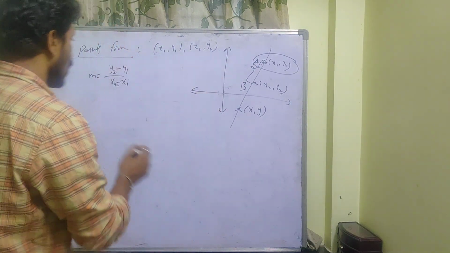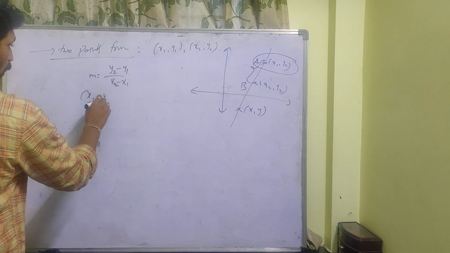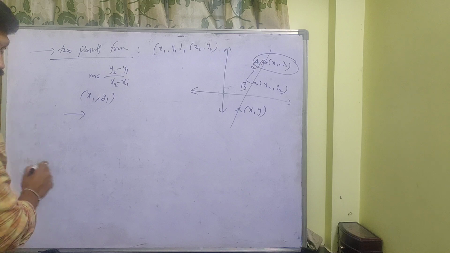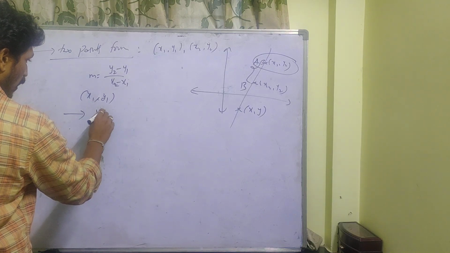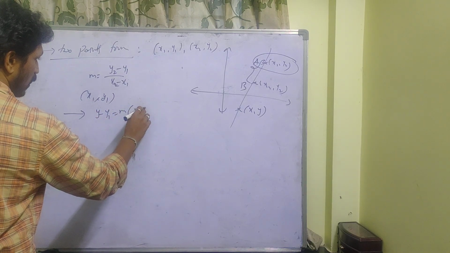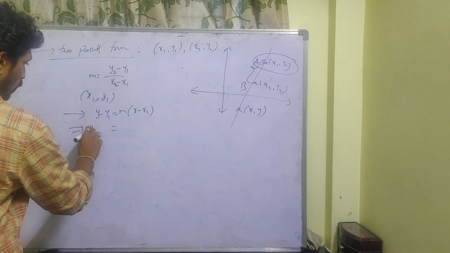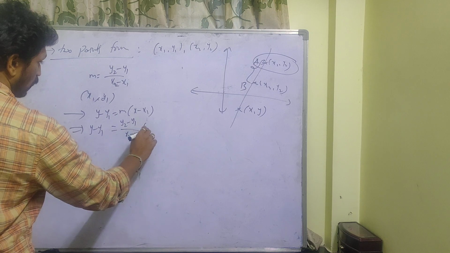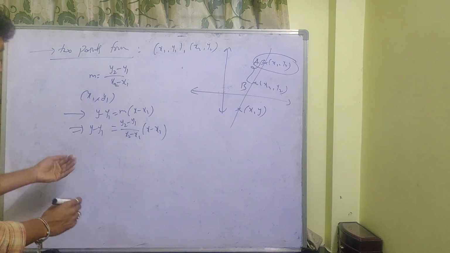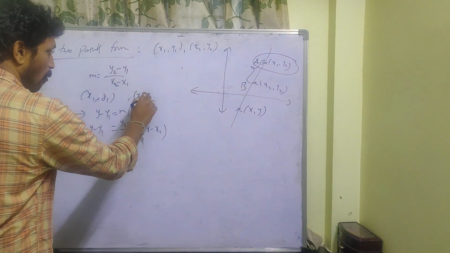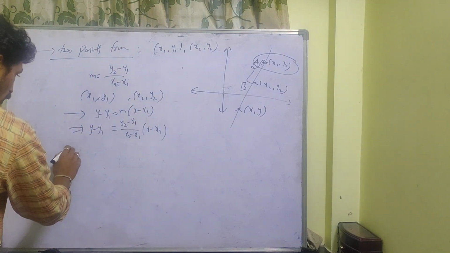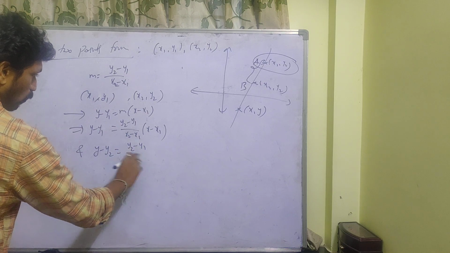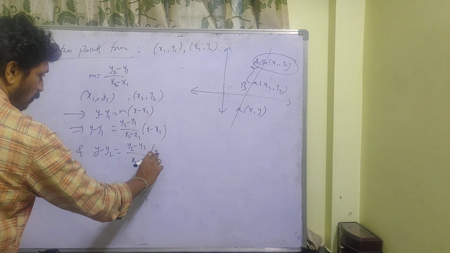If you take x1 comma y1 as our known point, then the equation of the line is y minus y1 is equal to m of x minus x1. This means y minus y1 is equal to y2 minus y1 by x2 minus x1 into x minus x1. In other words, if you consider x2 comma y2 as the known point, then use the formula y minus y2 is equal to y2 minus y1 by x2 minus x1 into x minus x2.